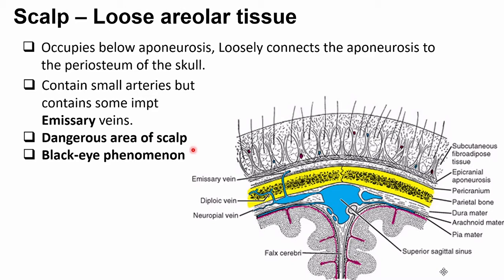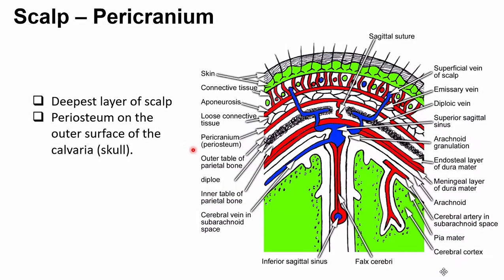Now we go to the pericranium. This is the deepest layer of the scalp. It is the outer periosteum. This is the bone, and the outer part has a layer, that's the periosteum, and it loosely covers the bones except at the suture lines. So our cranial bone still has a layer, it's not really attached.